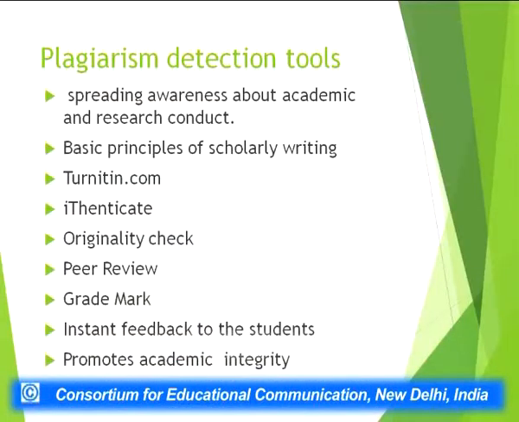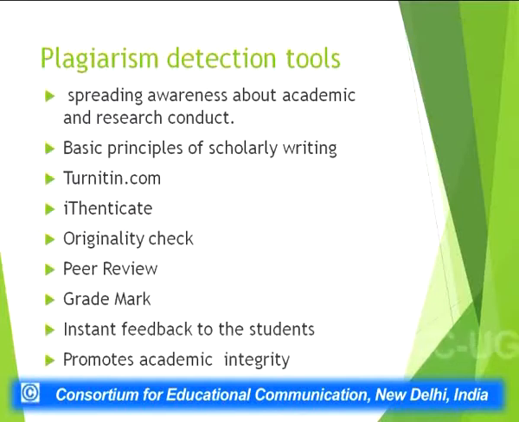Then in this connection, libraries are offering anti-plagiarism software. And as we know, plagiarism is a form of academic misconduct, and it has to be avoided at all cost. Libraries are taking concerted efforts to spread awareness about academic and research conduct.